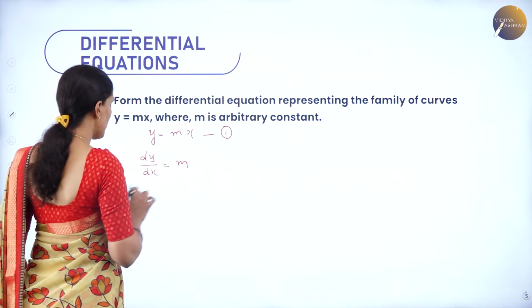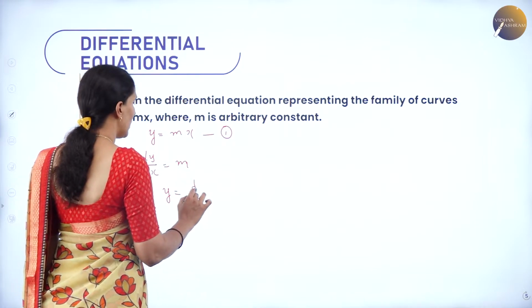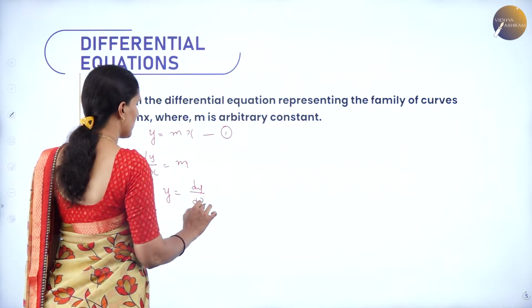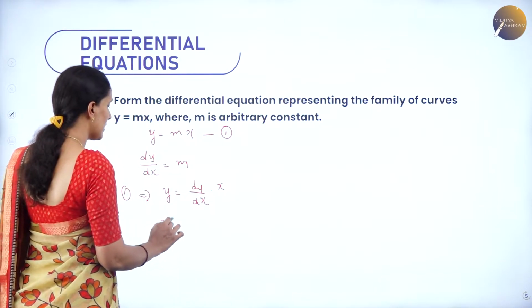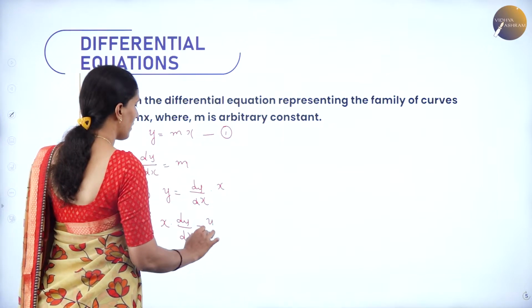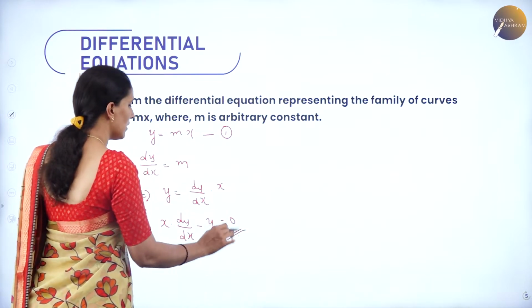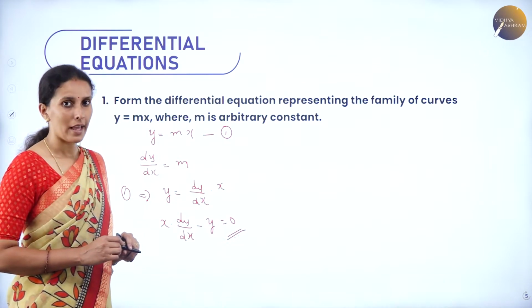Then it becomes equation 1 implies y is equal to dy by dx, and here we have x, or when you shift it, you can write it as x into dy by dx minus y is equal to 0.